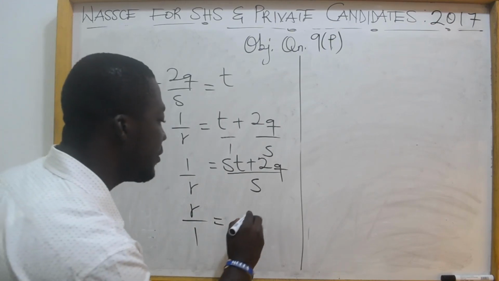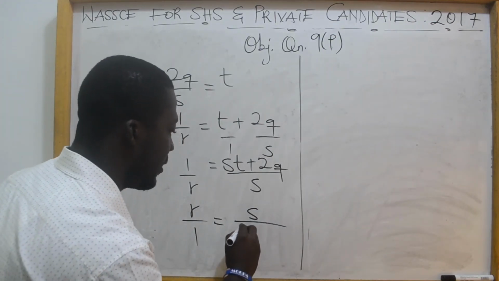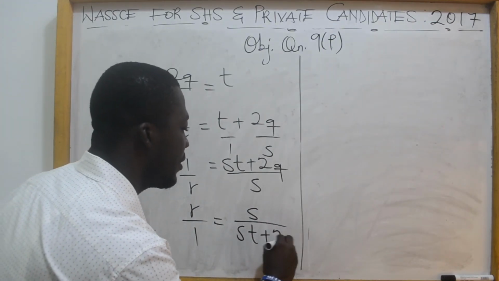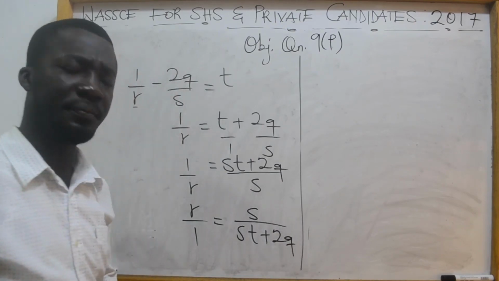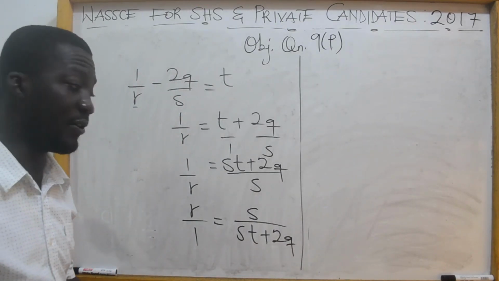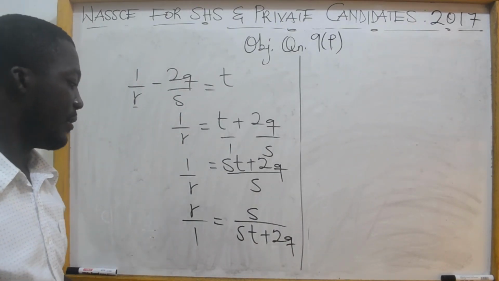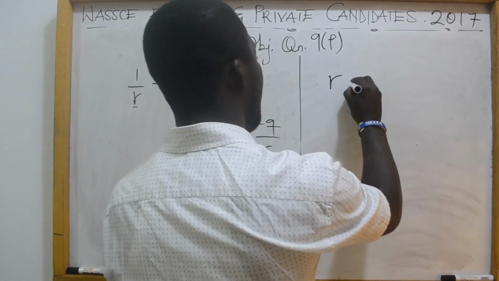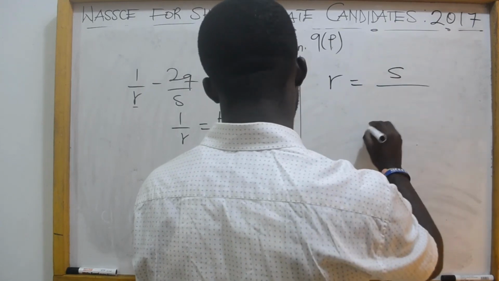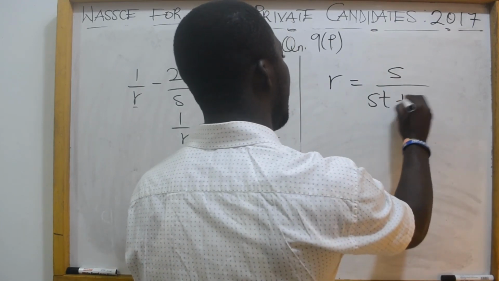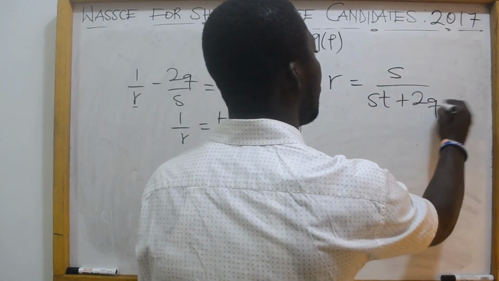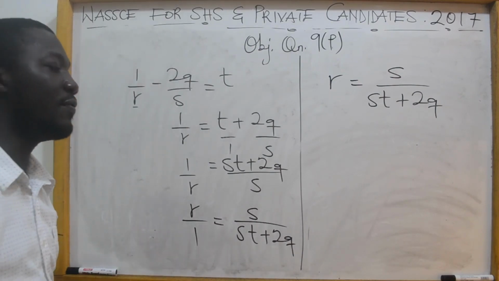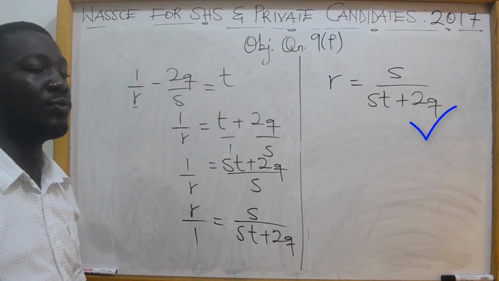And that one you are going to get S over ST plus 2Q. And you apply cross multiplication, you are going to get the same thing. So therefore our R is equal to S over ST plus 2Q.